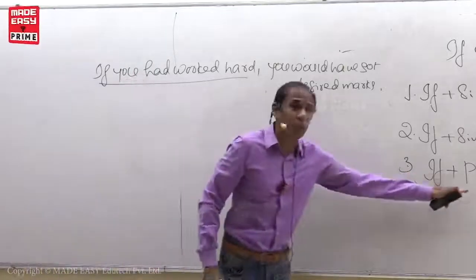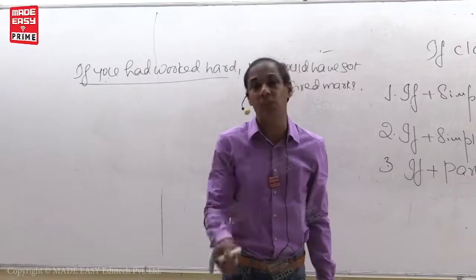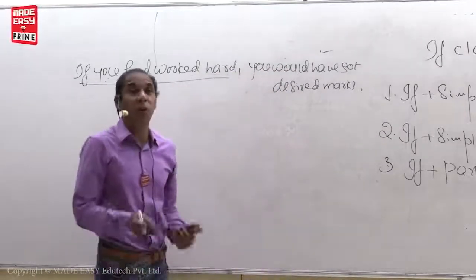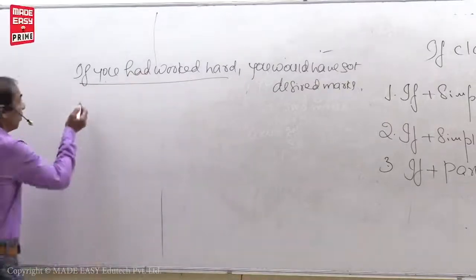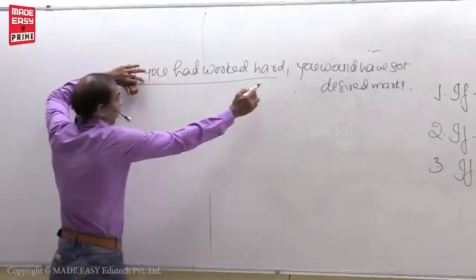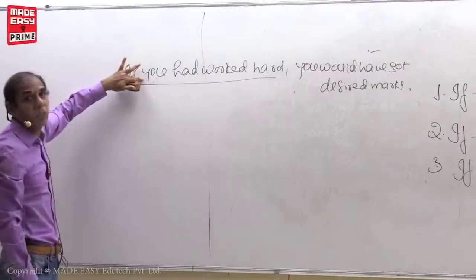If plus past perfect can also be said in inverse form. What is inverse form? Inverse form means remove if. You worked hard. The remaining part changes into interrogative form.